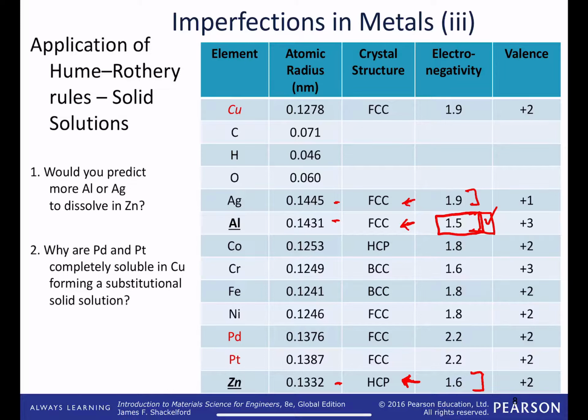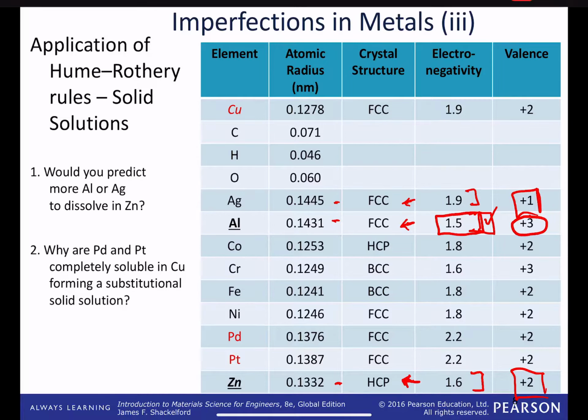Considering valence values, the zinc is a +2 versus the silver and aluminum being one oxidation number away from that in either direction. So silver +1 and aluminum +3. So we don't have an argument there for one winning over the other. So based on the electronegativity arguments, the answer would be more aluminum would be expected to be included into zinc for that question.